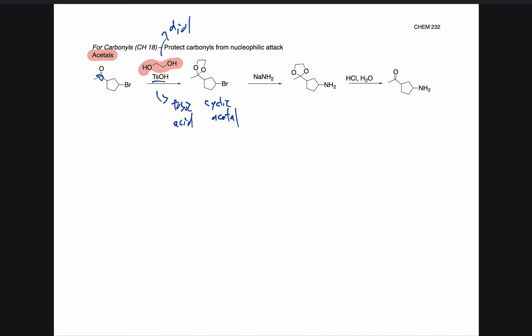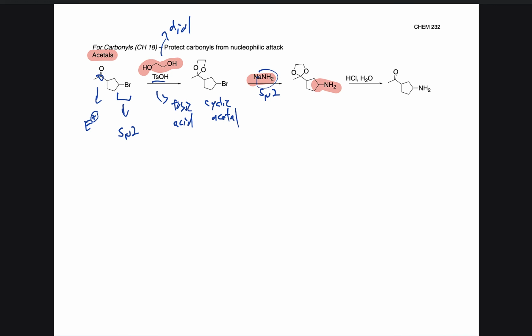And the big reason why we want to do that is, again, our carbonyl here is electrophilic, and we also notice we have an alkyl halide here. So if we want to do an SN2 reaction on this alkyl halide, as we can see later down the road, this SN2 reaction has occurred, that would be problematic if we had a carbonyl, because this would also react with a carbonyl.